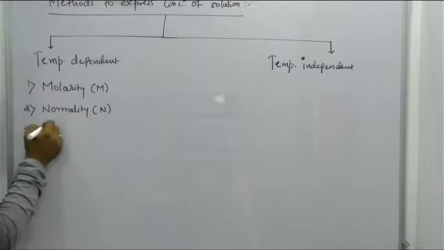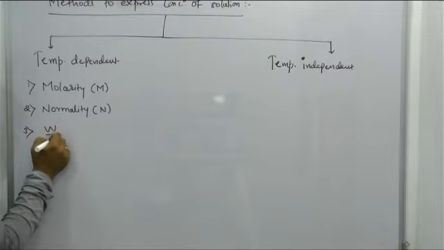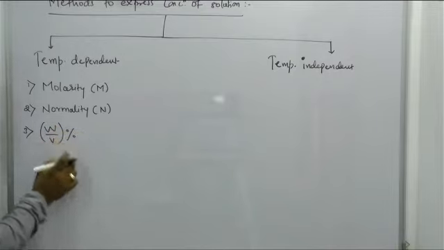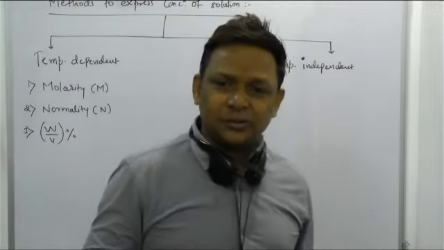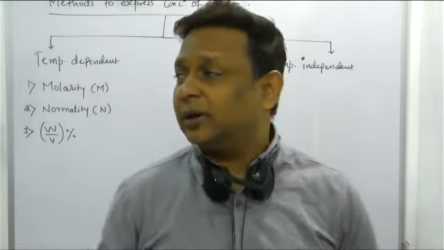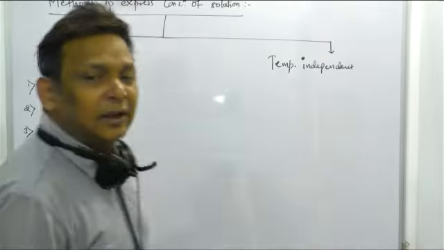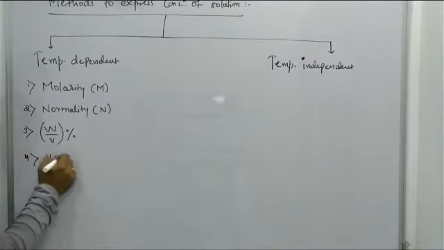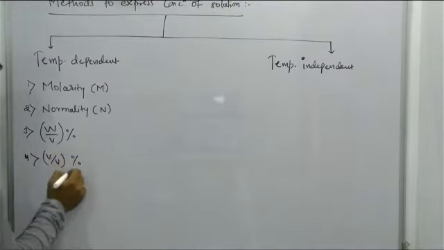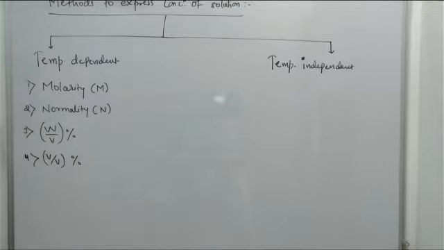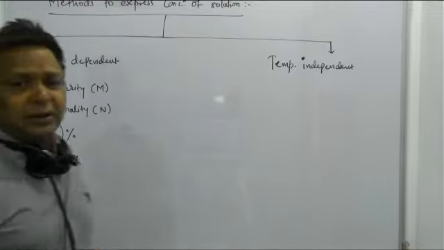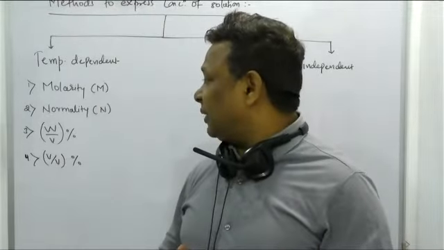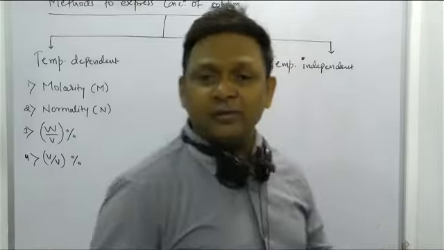Third one is weight by volume percentage. W by V is a concentration term, and it is also temperature dependent. And one more, V by V percentage. We don't have much use of it, but it is also temperature dependent. So these are the temperature dependent concentration terms: molarity, normality, weight by volume percentage, volume by volume percentage.